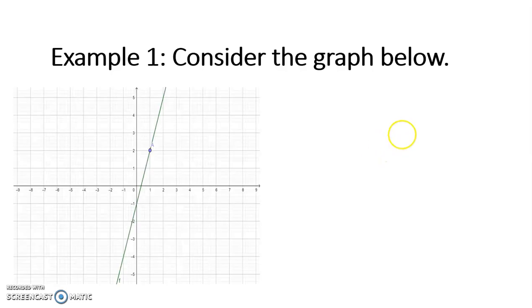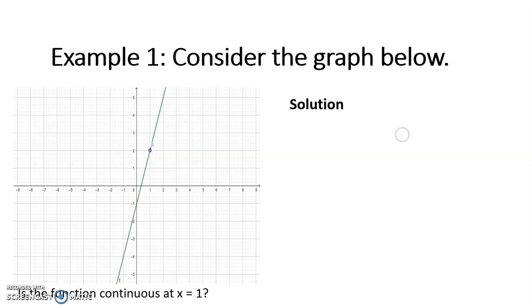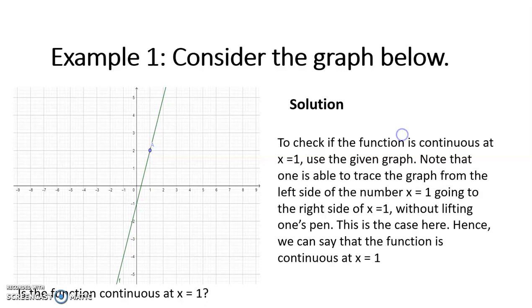Example number 1. Consider the graph below. Is the function continuous at x equals 1? Solution. To check if the function is continuous at x equals 1, use the given graph.